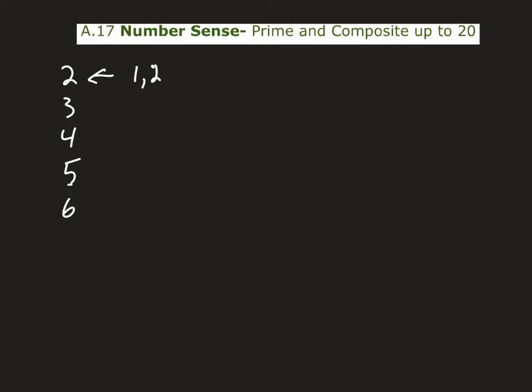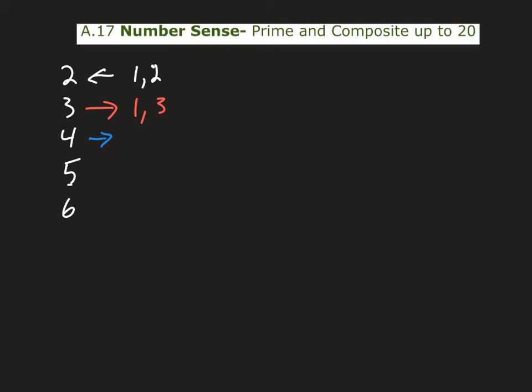When we talk about the number 3, I just did that one. There's only 2 ways to do it, and that is 1 and 3. There's no other way to do it. So let's take a look at 4. How can I make 4? Well, if I wanted to make an array again, what can I multiply together to get to 4?